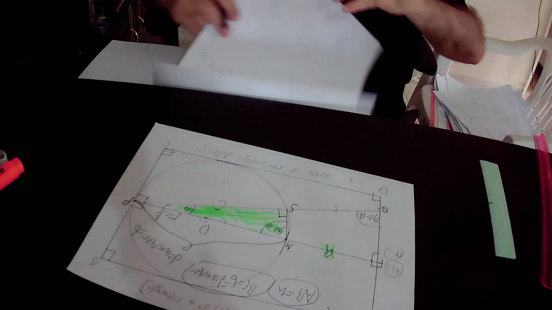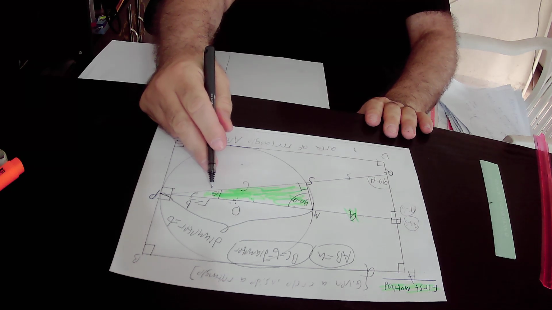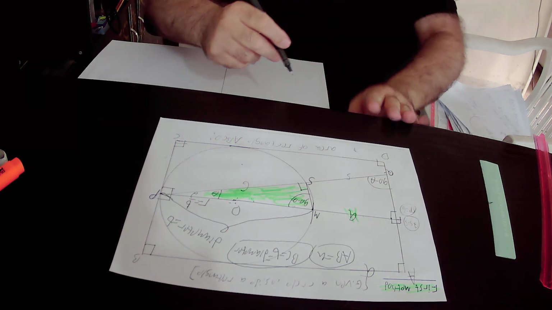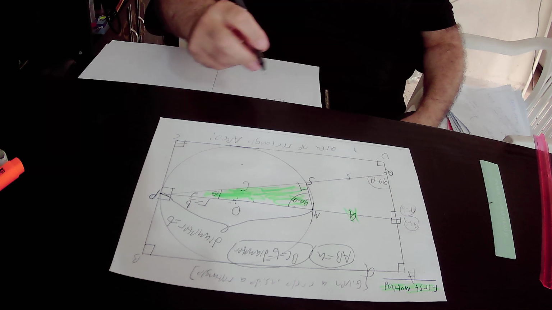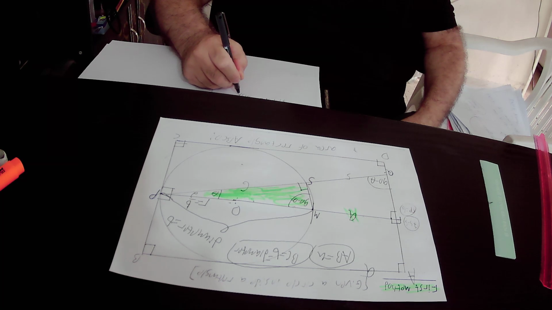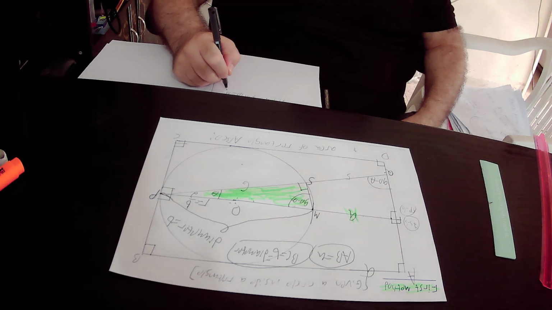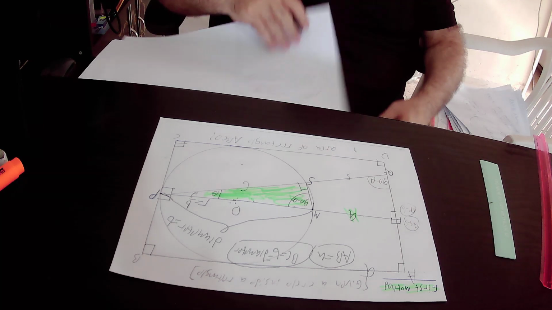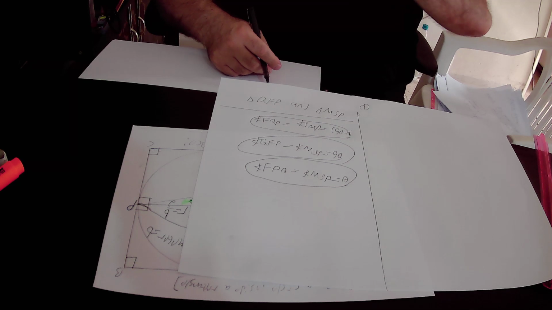And finally, this angle is angle theta. That is a common angle. It belongs to both triangles, so angle theta equals itself. So angle FPQ, that is angle theta, equals angle MSP, that is also angle theta. So angle theta equals itself. Angle FPQ equals angle MSP.